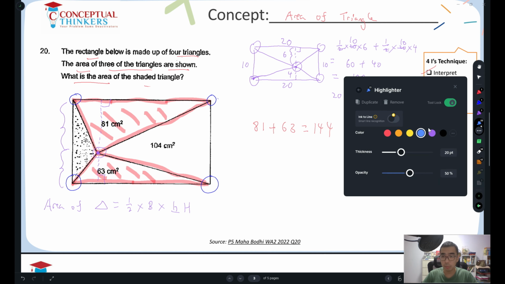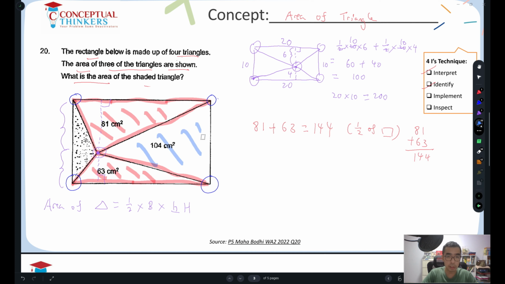Let me use a blue color. This means that this area plus this area has to give you the other half of the rectangle, right? So in order to get the area of the shaded triangle, it will be equal to taking 144 and minus away this 104. So this will give me 40 cm square as the answer.